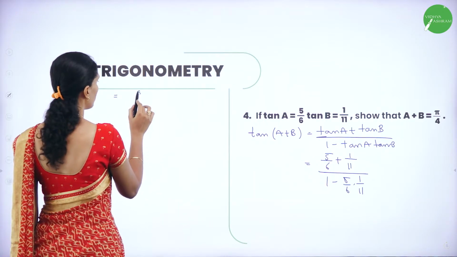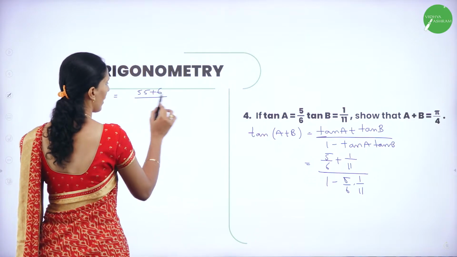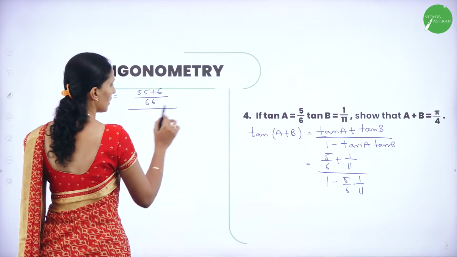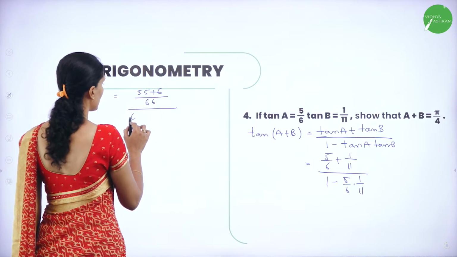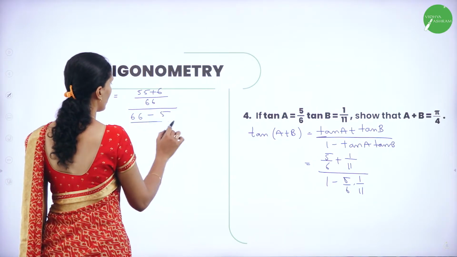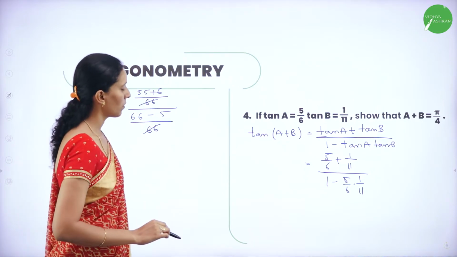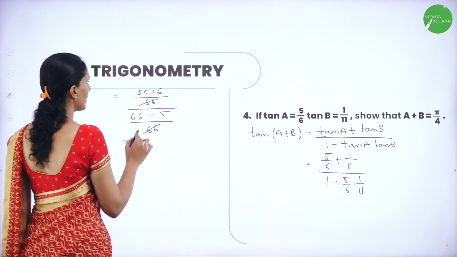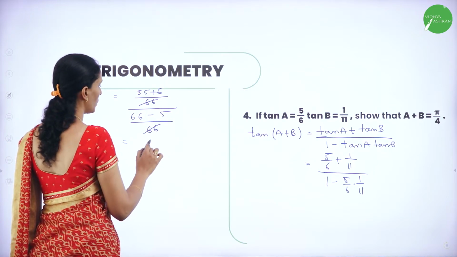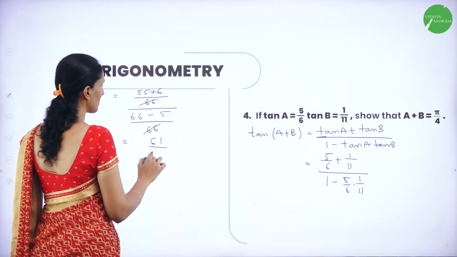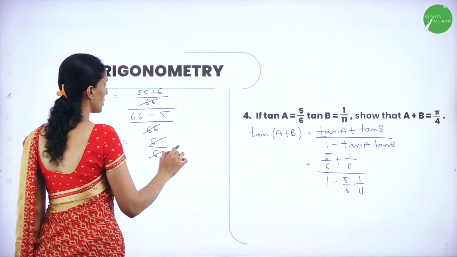Therefore, it can be written by cross multiplying or taking LCM, any method. (55 plus 6) divided by 66 in the numerator, and (66 minus 5) divided by 66 in the denominator. We can cancel 66 on both sides. Now this is equal to 55 plus 6, which is 61, and 66 minus 5 is 61, which is equal to 1.